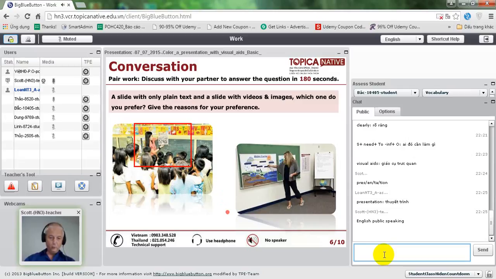And the other teacher right here, she is using a bit of a chart to give a presentation to the class. So that's what I want you to talk about together. Decide which one you prefer. So Thảo, I'm going to start with you and Dung. You and Dung are going to have the first conversation. So go ahead.